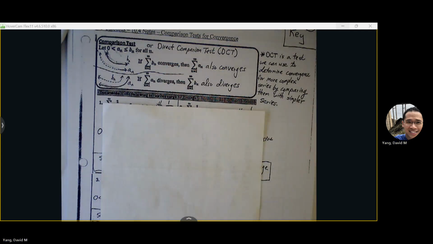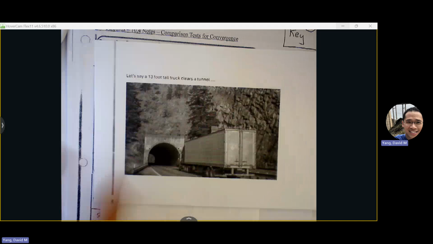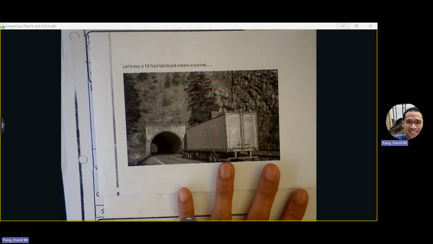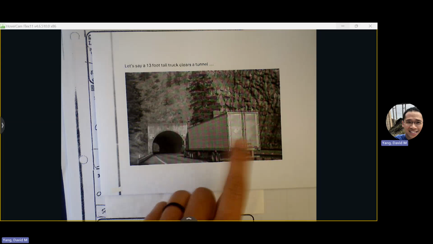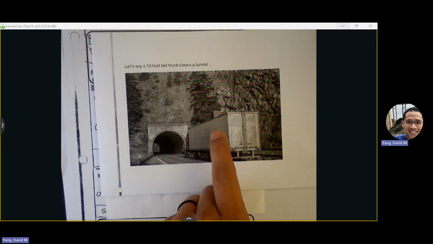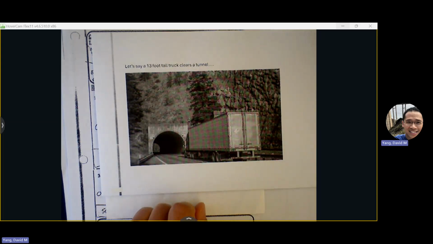I just want to give maybe an analogy to show that it doesn't work both ways. So let's say there's a picture of this 13-foot tall truck, and all you know is that this 13-foot tall truck will clear the tunnel. Okay.